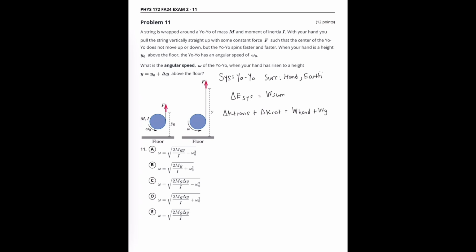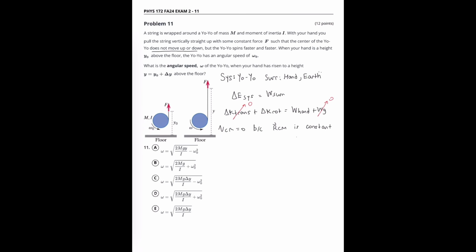And we know in this case that the position stays constant, which means our velocity, V CM, is equal to 0 because position, let's call that R CM, is constant. And we know this because it says the yo-yo does not move up or down. So with that, we can say that the translational kinetic energy is equal to 0, and our work due to gravity is equal to 0.